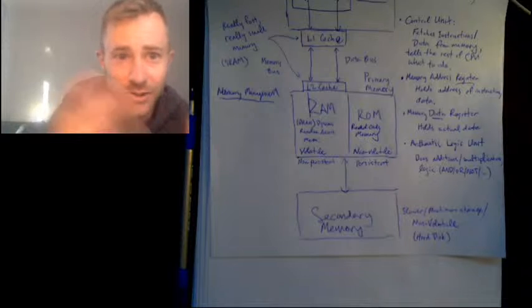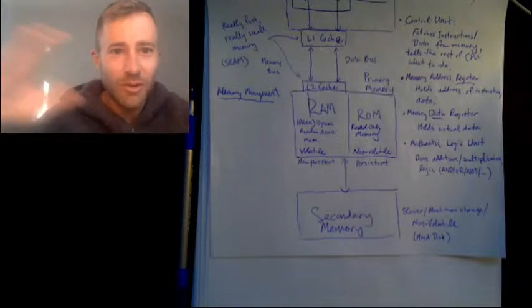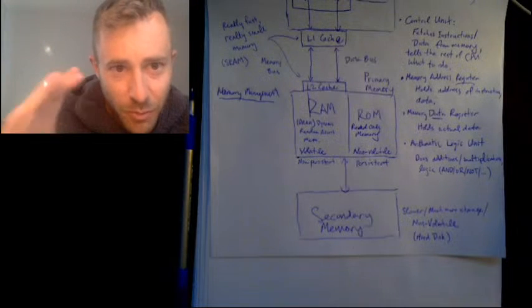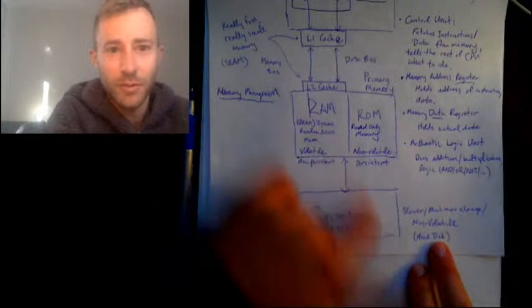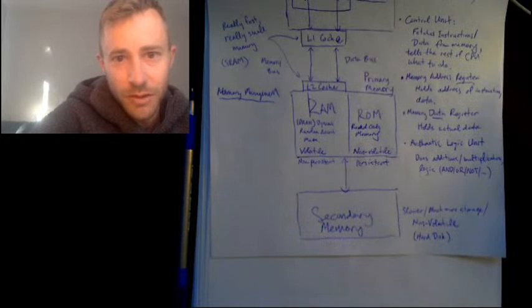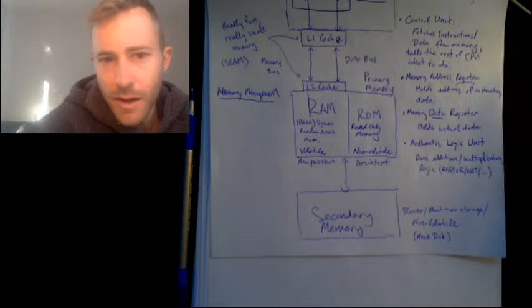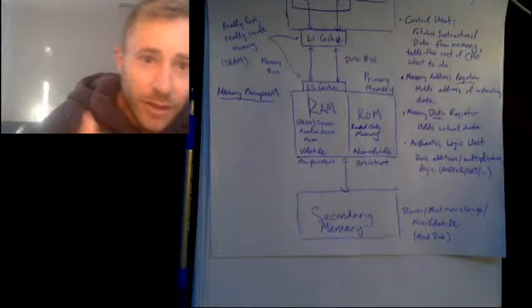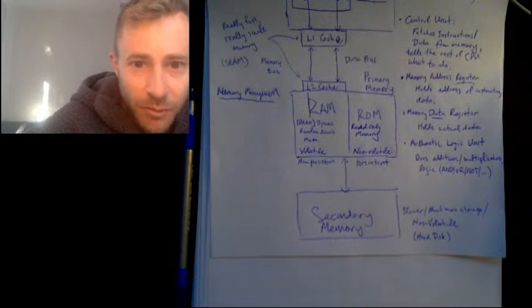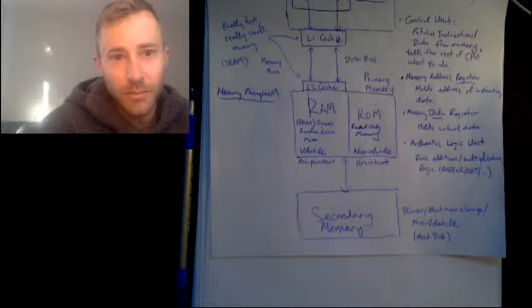So this is why it's advantageous to have a lot of RAM, because the more RAM you have, the fewer swaps you have to make, and so your computer will run a lot faster. But the downside is RAM is, of course, volatile, and it's also expensive.